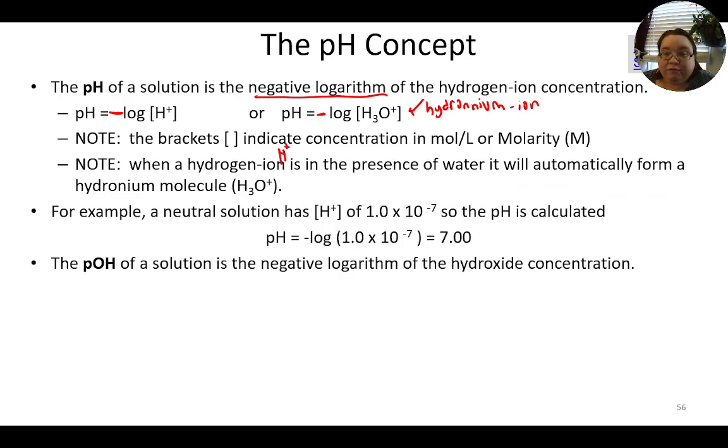So you have heard about pH before. That's old school. We have seen that before. But we also have something that's called the pOH. Well, the pOH is the negative logarithm of the hydroxide concentration. So same idea, it's just that this time it is hydroxide concentration and not hydrogen.